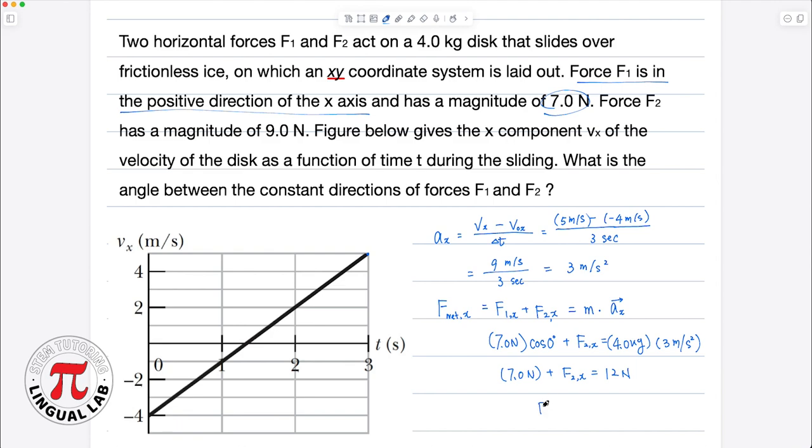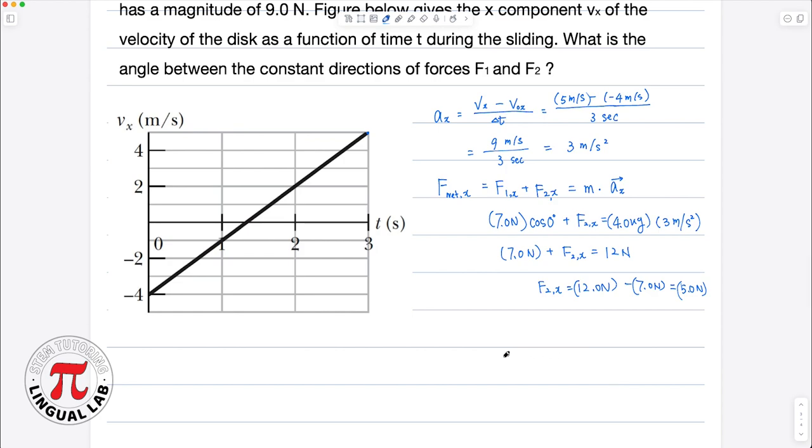The F2 x component is 12 Newton subtract 7.0 Newton. Therefore, the x component of the second force is 5 Newton.